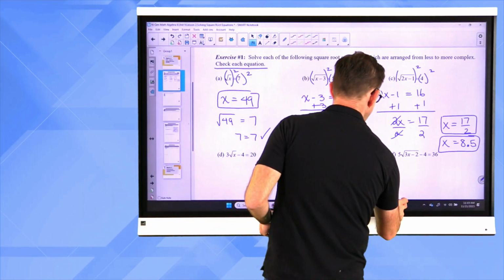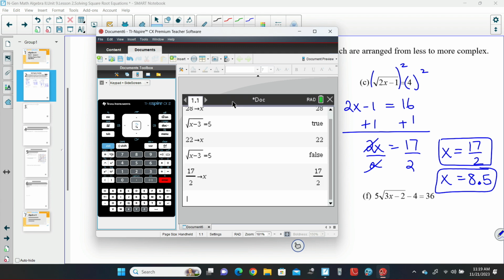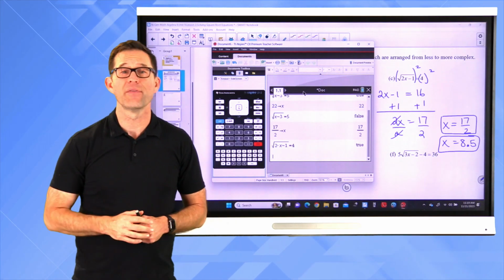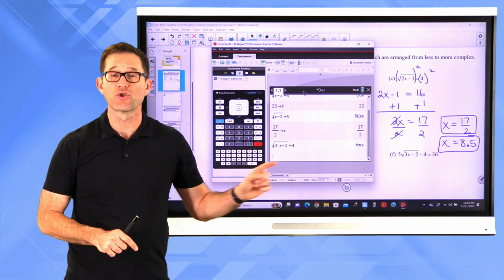And again, it's just a piece of cake, right? I'm not going to do this on every one of them, but it's really seriously easy to do something like this now. 17 halves, store that in x, then ask the question, is the square root of 2x minus 1 equal to 4? And true, right? So I know I've gotten this problem right based on the fact that that makes that a true statement.